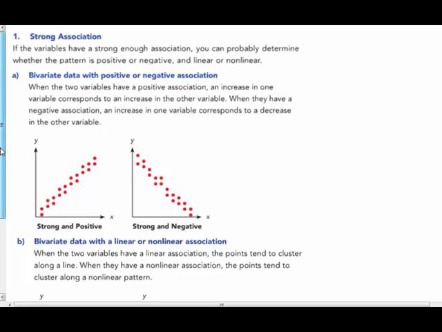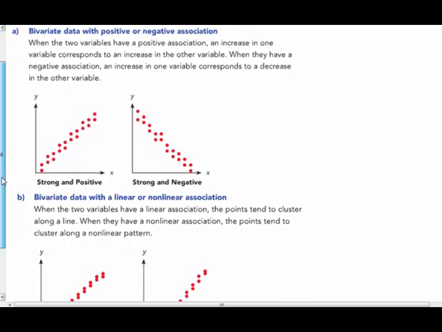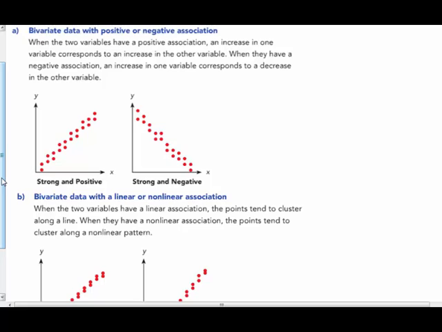Bivariate data with a positive or negative association. So when two variables have a positive association, an increase in one variable corresponds to an increase in the other variable. So as the x variable is increasing, the y variables are also increasing. This is a strong positive correlation here.